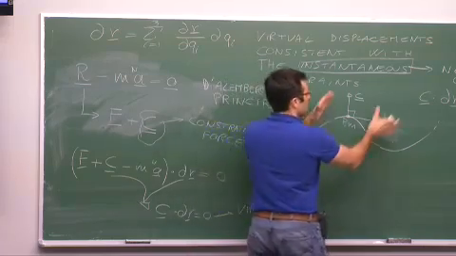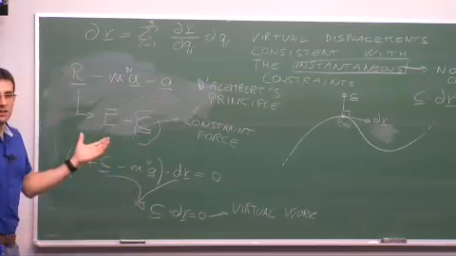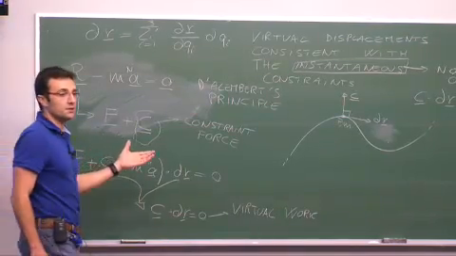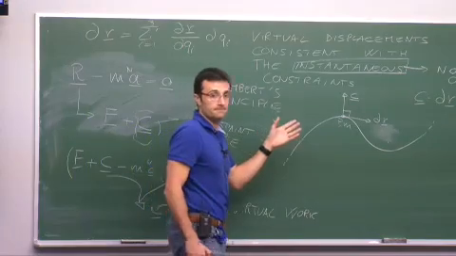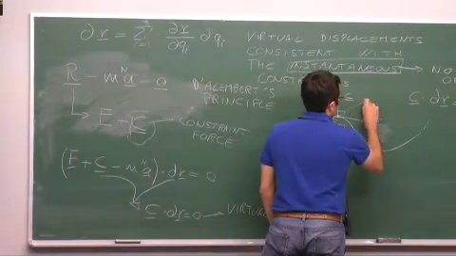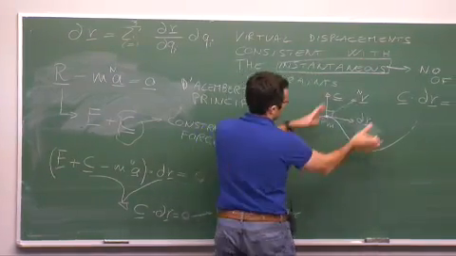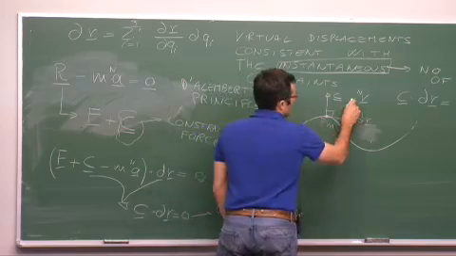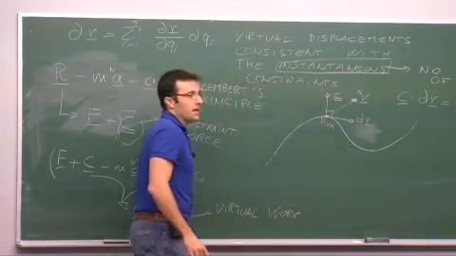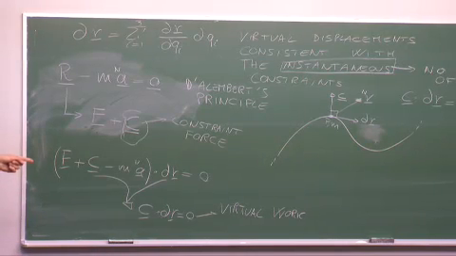But if this track is moving, then the real velocity in the inertial reference frame is not necessarily tangent to that line, right? So your actual velocity in an inertial reference frame could be something like this, v in N, if this whole track is moving. So this is not true in general. The constraints may make work, but they don't make any virtual work. That's why I'm freezing time, because it allows me to say that, which I'm going to use.